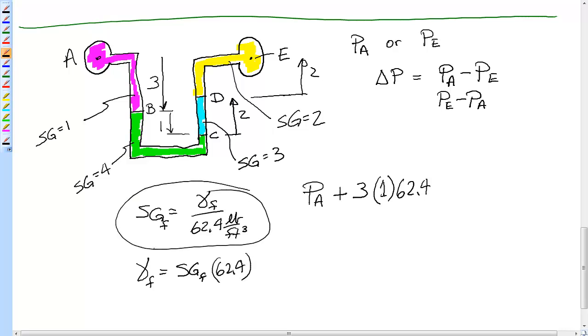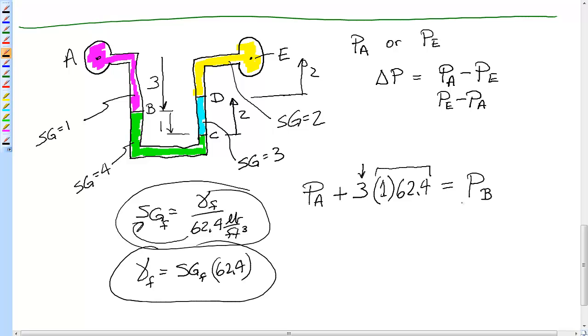These two equations are the same thing, just with the gamma value brought over. So that's where I get 3 foot. I go 3 foot through this purplish fluid, pink, purple, whatever you want to call it, and you end up at the interface B.